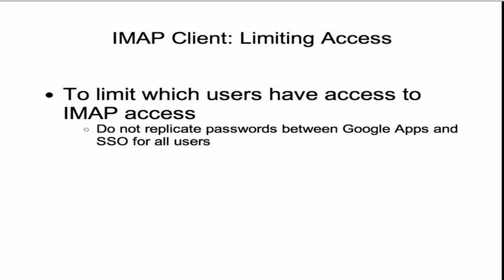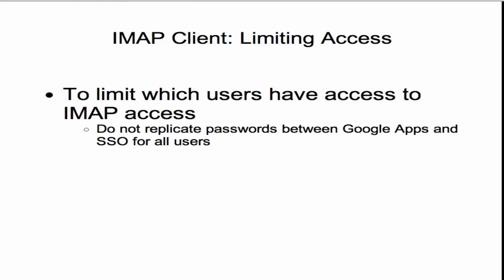When you implement a single sign-on system, the password for the IMAP client will always be the password stored at Google. So that can provide a limitation, but it can be used in a way when you want to limit those users who have access to IMAP on their desktop client or their mobile phone client.